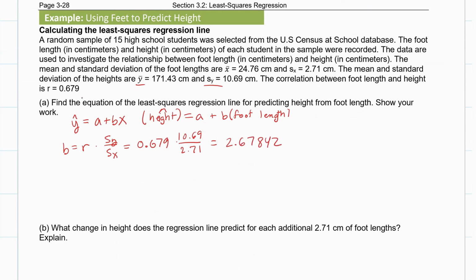2.67842. So for every additional centimeter of foot length, we expect the person's height to increase by about 2.67 centimeters.